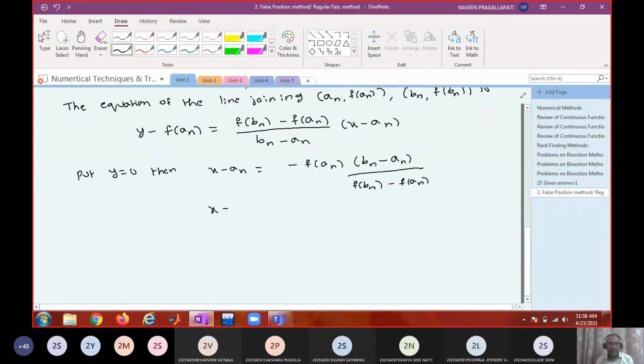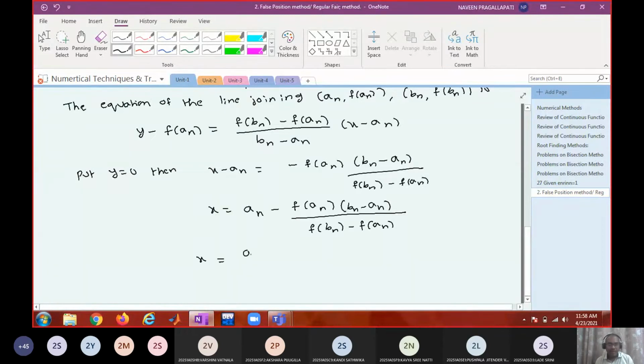So what is x? x equal to an minus f of an into bn minus an divided by f of bn minus f of an. Can you tell me the simplification? So what is x?